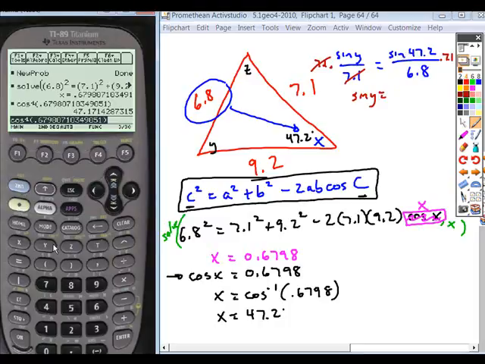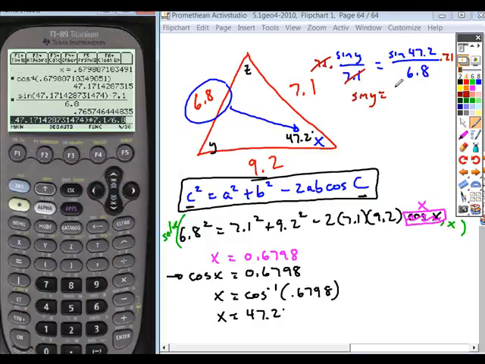So if I take the sine of this 47 degrees, again, anytime you do a calculation, you need to use the exact value, not an approximation. Then we can multiply that by 7.1, and then we can divide that whole thing by 6.8. That's going to give us our sine ratio, 0.766 approximately.